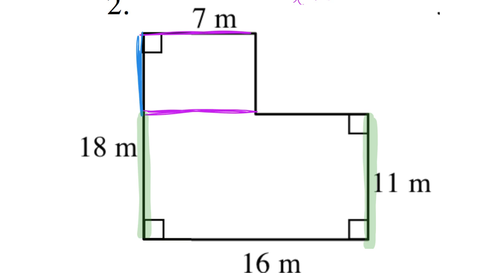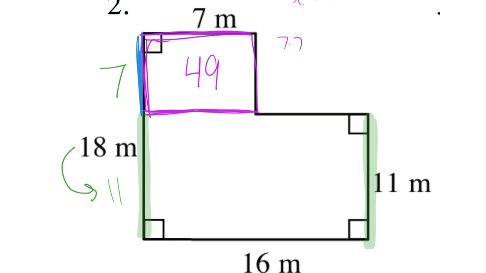So if I want to figure out the length of that little piece at the top, we would just do 18 minus 11, which gives us 7. So that means that this rectangle here is actually a square, and I know it doesn't look like it, but it must just not be drawn to scale because the math works out. This would have to be 7. So the area of this purple rectangle here, or square, would have to be 7 times 7, which is 49.